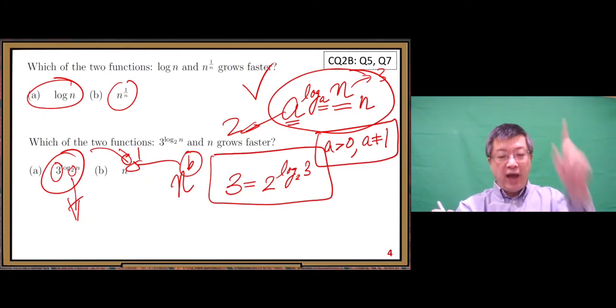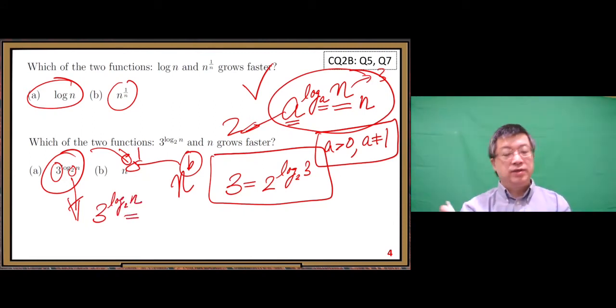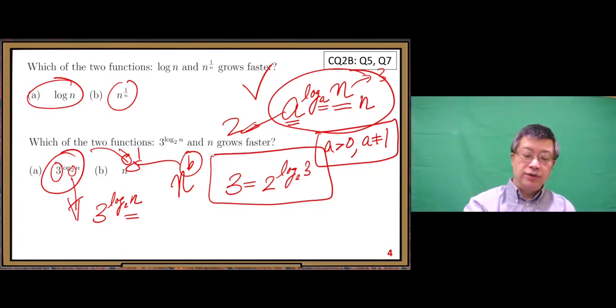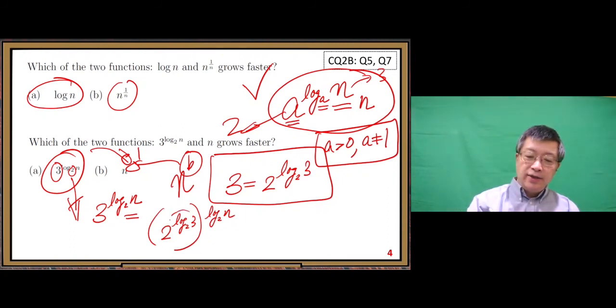After that, 3 to the n equals 2 to the log base 2 of 3, all to the n.